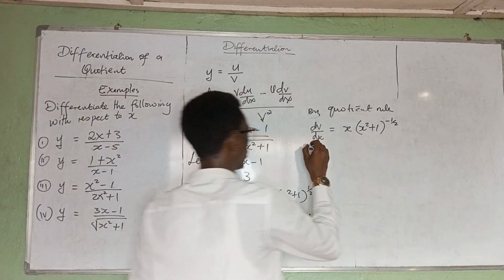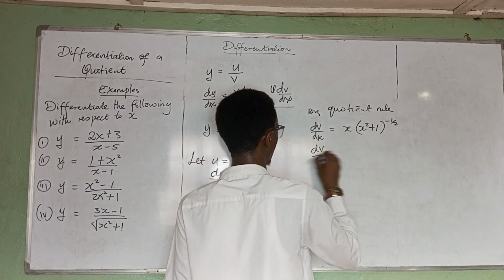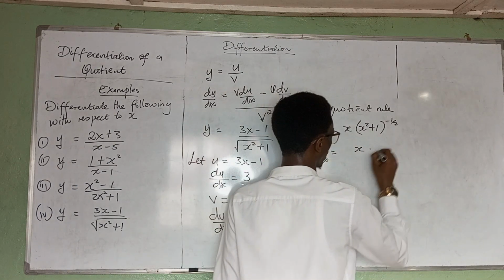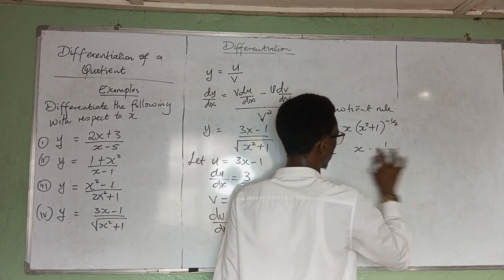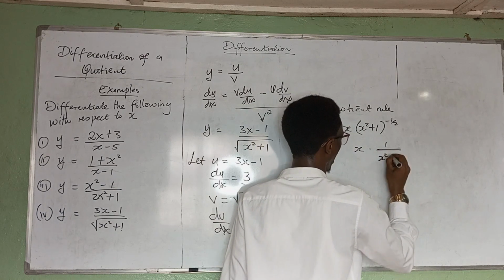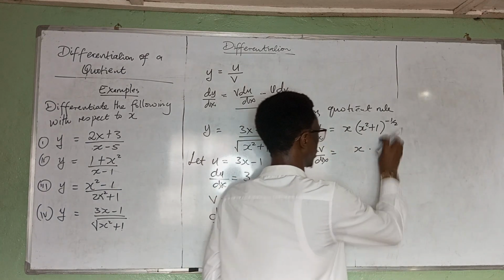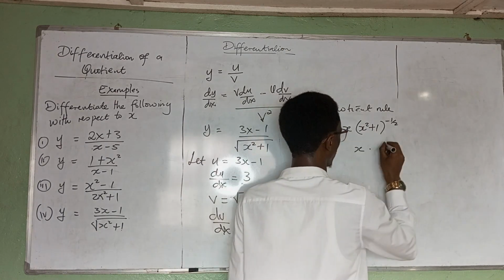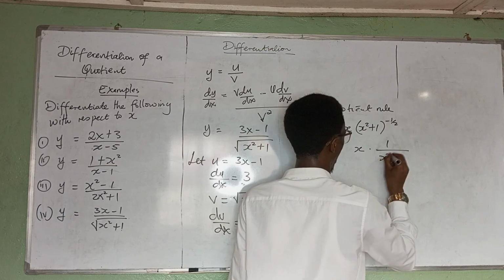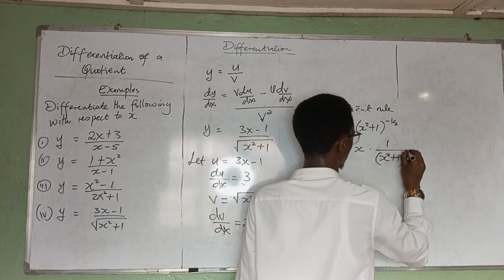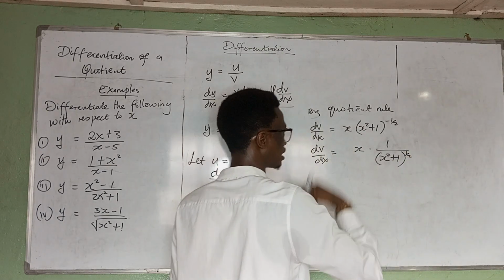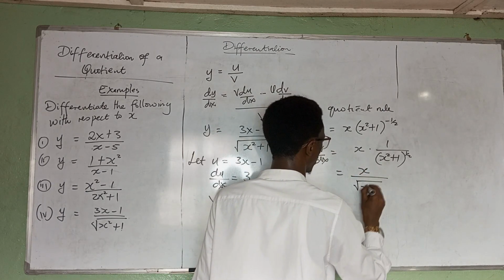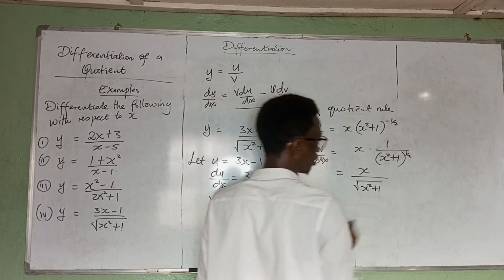Now let's simplify further. This becomes x multiplied by 1 upon x squared plus 1 all raised to the power half. Again, let's take it back: this becomes x divided by root x squared plus 1.